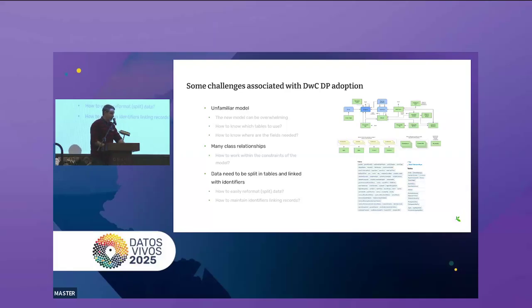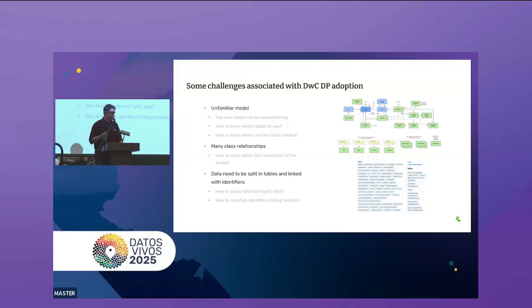So what are the challenges we have currently? The first is it's a new model, which can be overwhelming for users. It's huge. There are a lot of tables in it, and what are those tables and what fields are in them? So it's complicated.